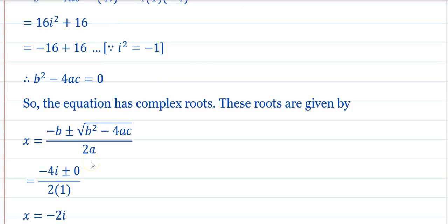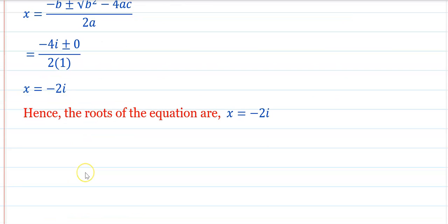Putting the value of b, 4i, b square minus 4ac is 0, root of 0 is 0. Therefore minus 4i upon 2, that means you will get minus 2i, and hence the root of this equation is x equals minus 2i.